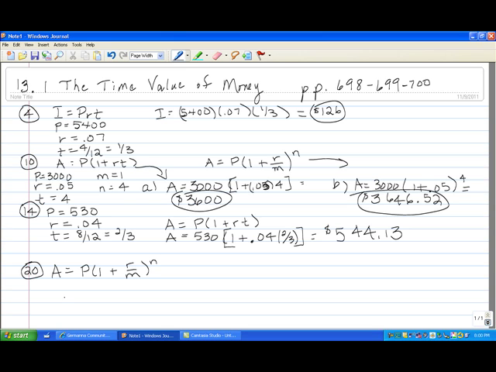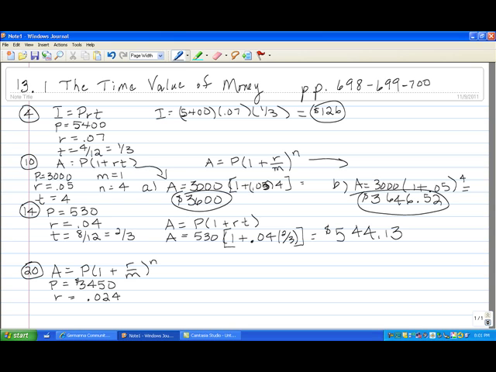Okay, so first thing you want to do is figure out all of the variable values. Principal is 3450. Rate is 2.4%, so that's 0.024. Don't let the 0.4 in there mess you up.